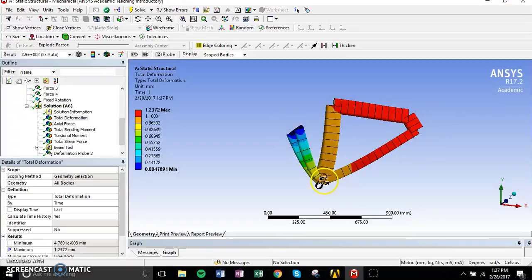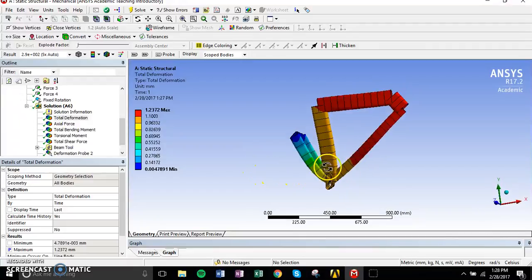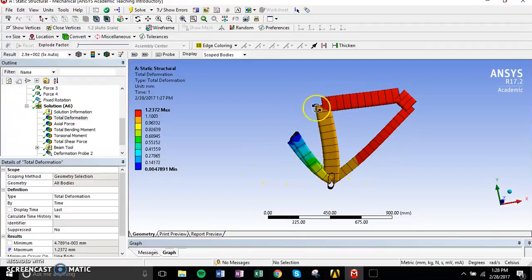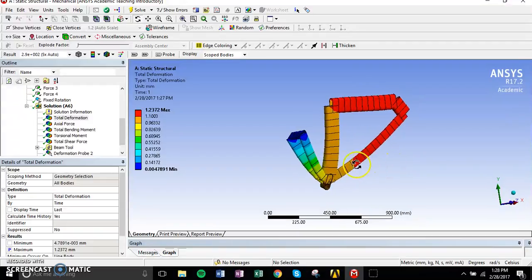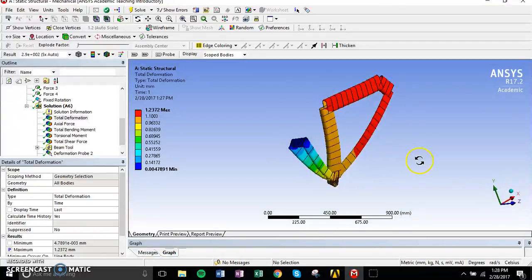So a lot of our deformation is coming in here, right? Which makes sense because I don't have a compression member in here, which of course you would normally have in a bicycle. As we said, you can just have whatever connection beams you want. Just be aware of how that's going to work out in terms of your deformation and stiffness.